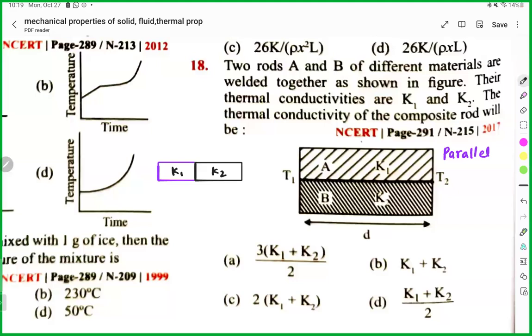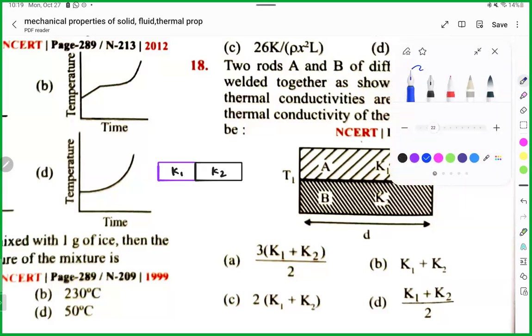So if you want to calculate the thermal conductivity here, Chandana, what will be the answer? Option D, K1 plus K2 divided by 2.